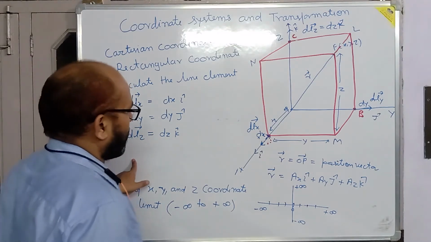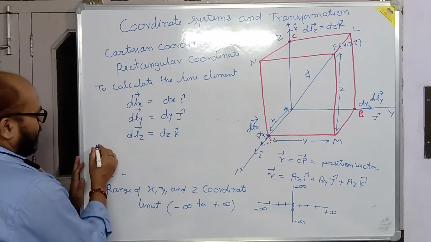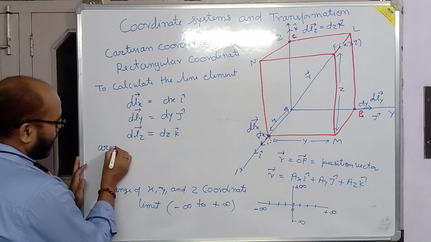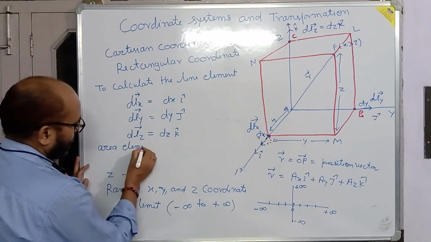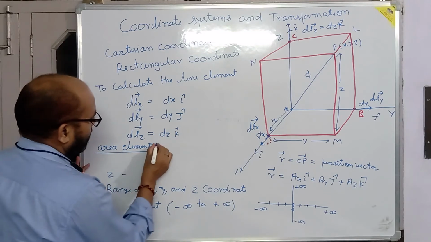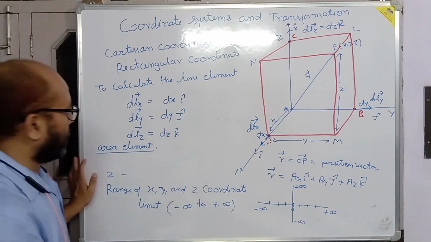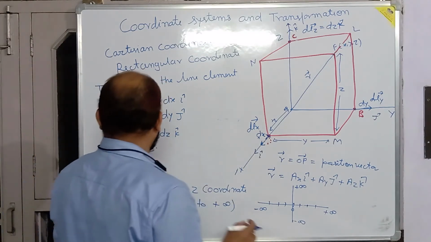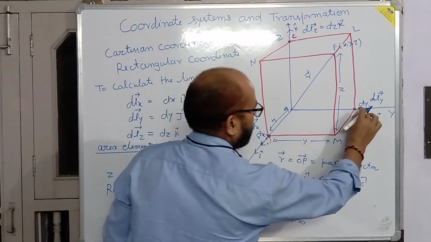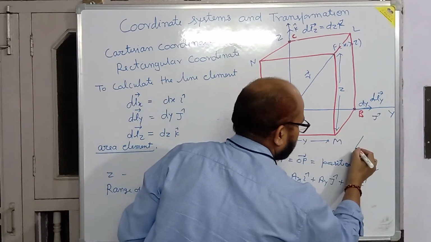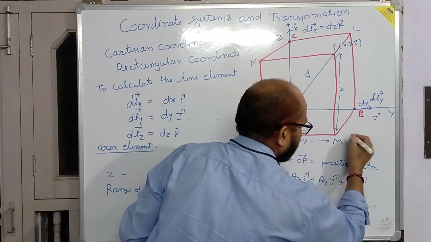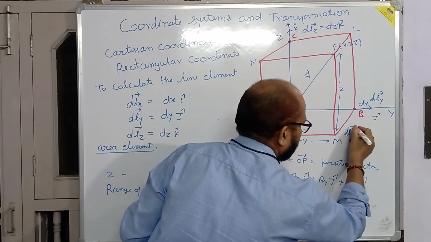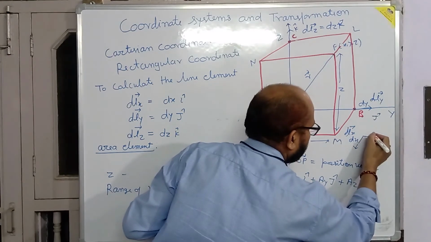Again, to find the area element. These terms are very important in electromagnetic theory. The area element: suppose this is dx, that is dlx, and dly.